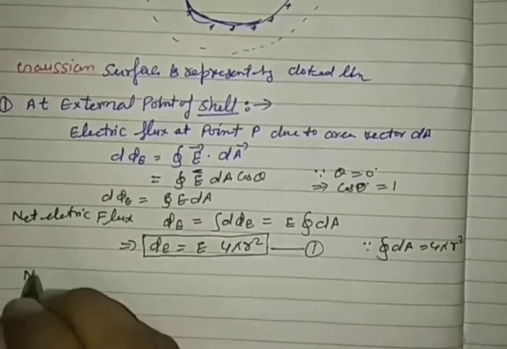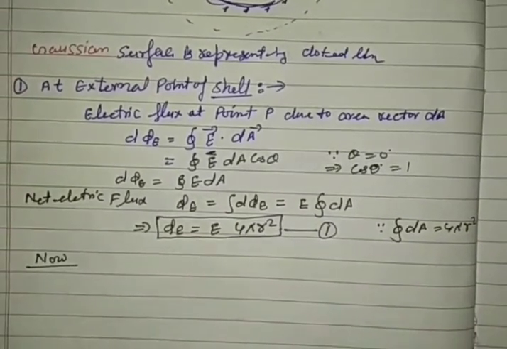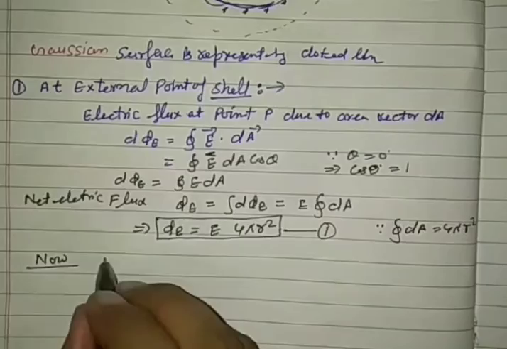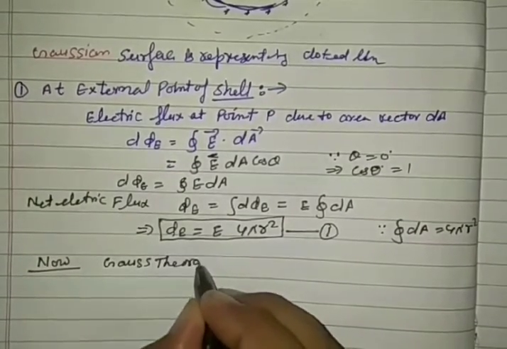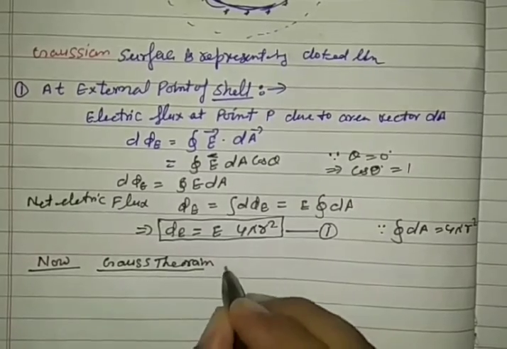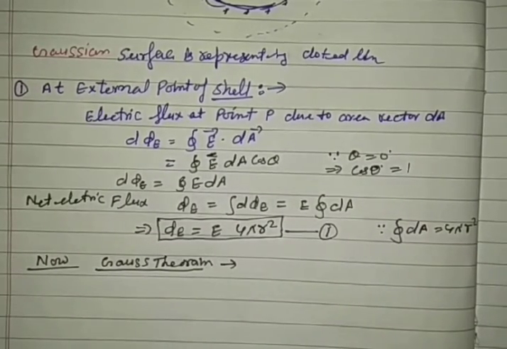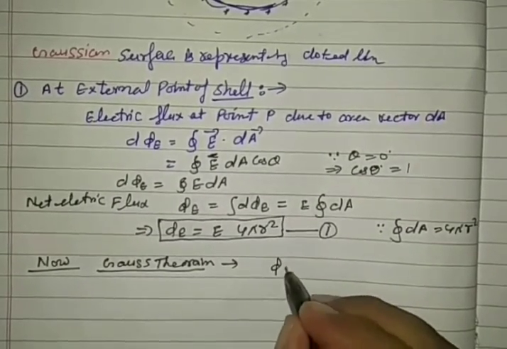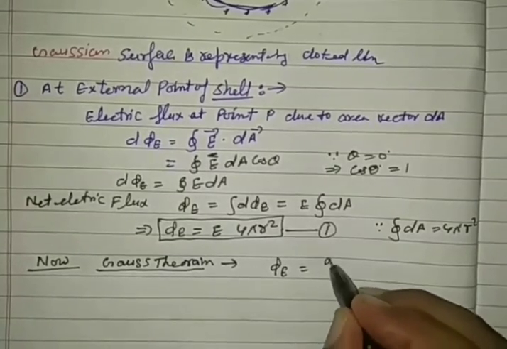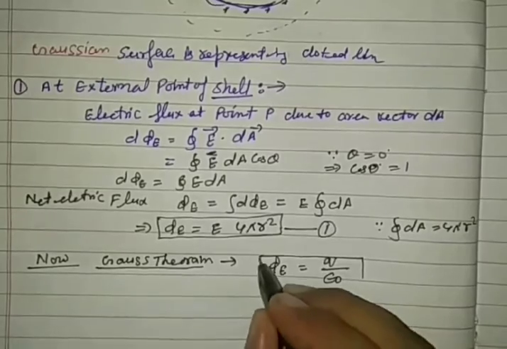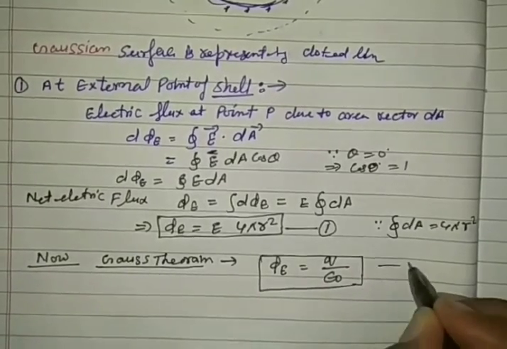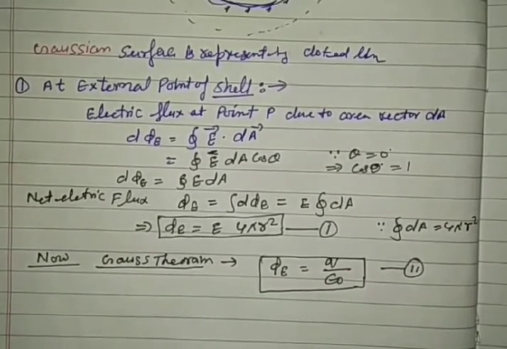Now we are going to take Gauss theorem. What does Gauss theorem say? Gauss theorem says that the total electric flux is equal to 1 by epsilon 0 times the net charge, q by epsilon 0, and it is represented by equation number 2.